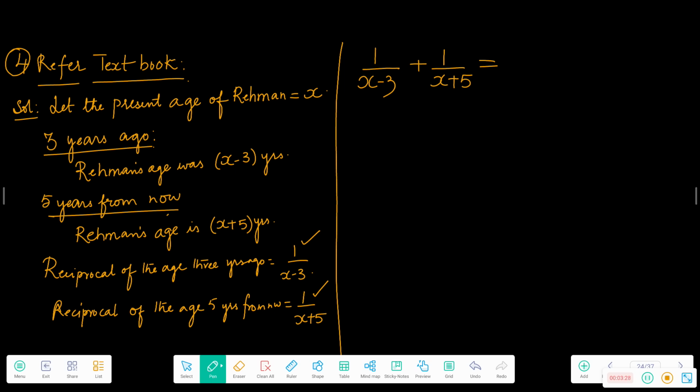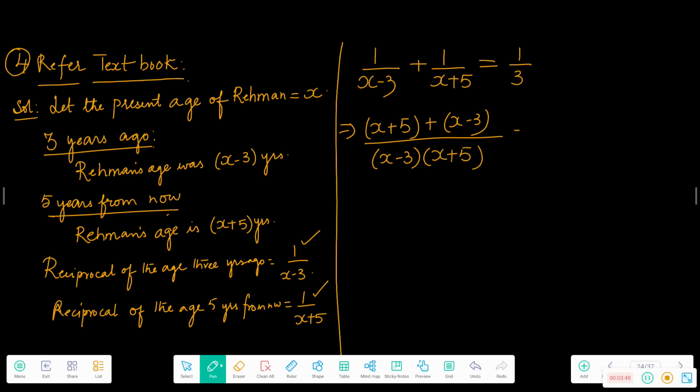Here we will take the LCM or do the cross multiplication. x plus 5 plus x minus 3, divided by x minus 3 times x plus 5, is equal to 1 by 3.